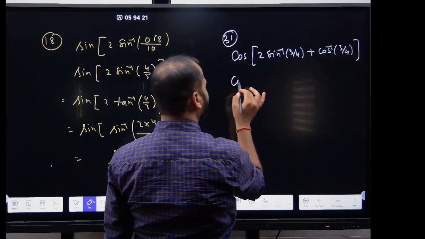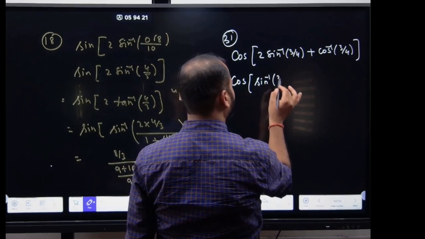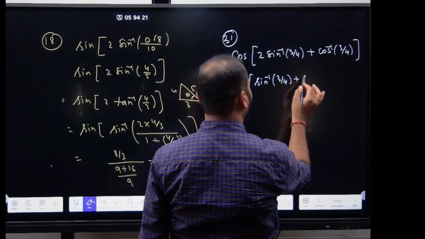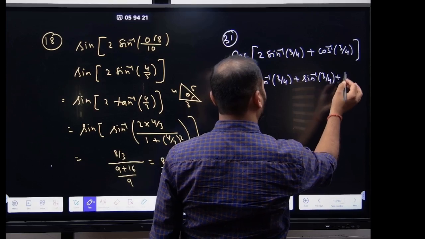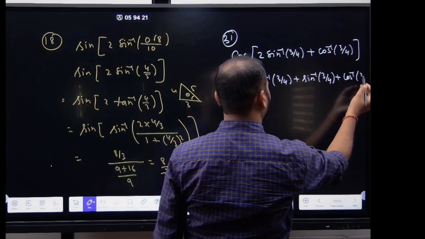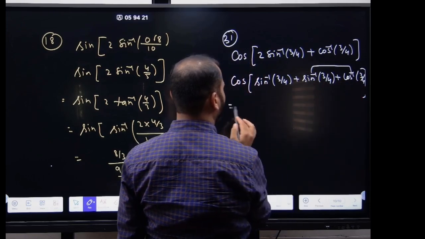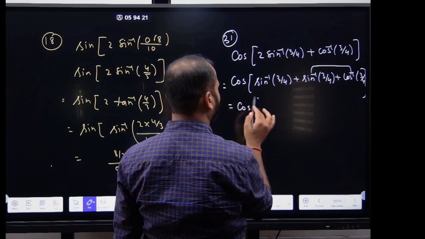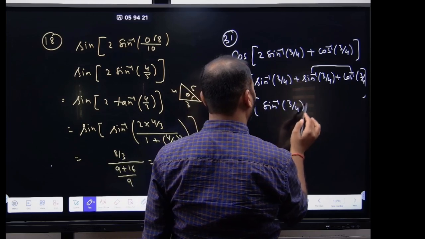So can I write it like this: cos, here I will write sin inverse 3 by 4 plus sin inverse 3 by 4 plus cos inverse 3 by 4. Can I write like this? What is sin inverse x plus cos inverse x? Pi by 2. So here I will write sin inverse 3 by 4 plus pi by 2.